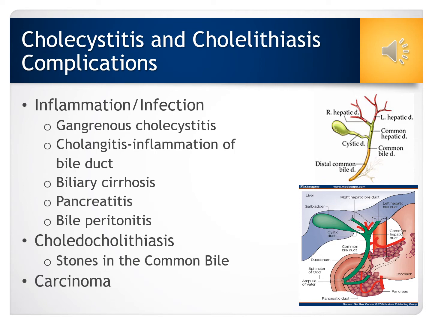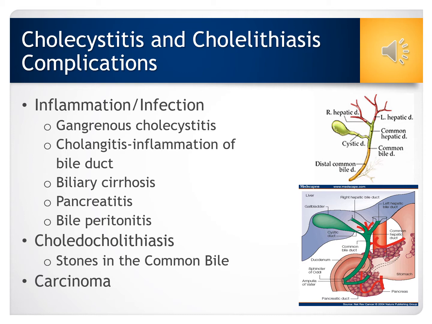Complications of cholelithiasis and cholecystitis include gangrenous cholecystitis, cholangitis, which is inflammation of the bile duct, biliary cirrhosis, pancreatitis, fistulas and rupture of the gallbladder, which can produce bile peritonitis.